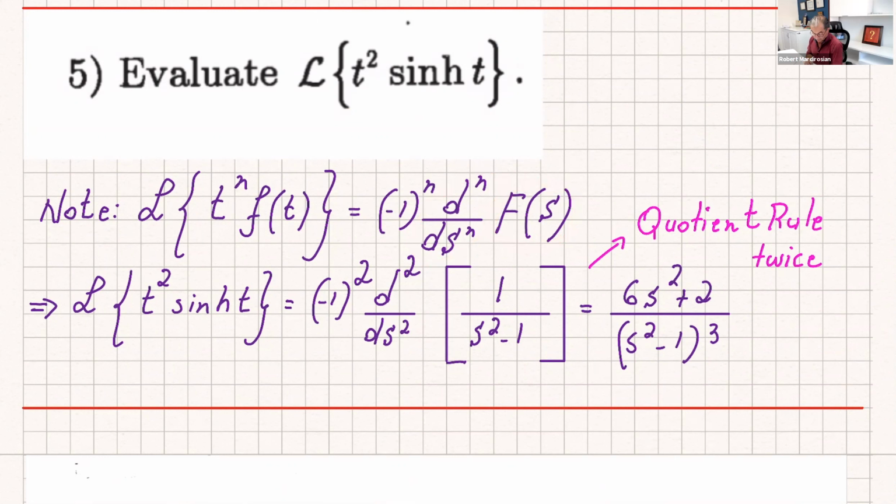So now you write your (-1)^n, n is 2 here, and you take the second derivative, and we know that the Laplace transform of sine hyperbolic of t is 1 over s squared minus 1. And to get that answer, what you need to do is to take the derivative of this function twice. It's the second derivative. Just use the quotient rule a couple of times and check your answer. That should be the answer.